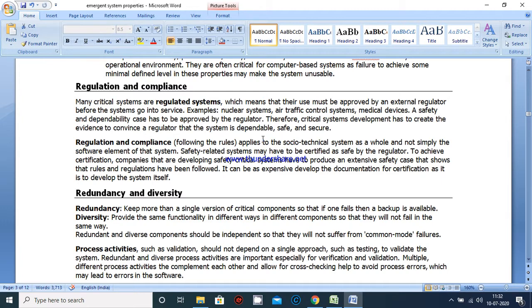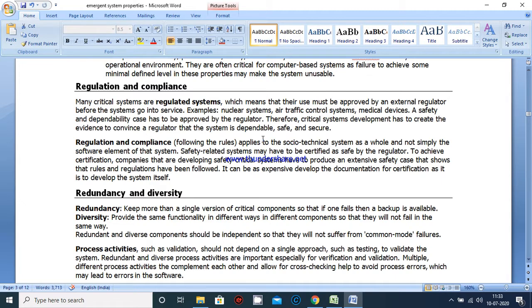See, the next one is redundancy and diversity. Redundancy means keep more than a single version of a critical component, so that if one fails, then a backup is available. See, redundancy and diversity is the most important factor for software systems, or in terms of digitization.